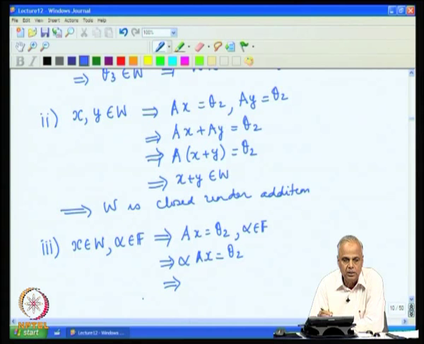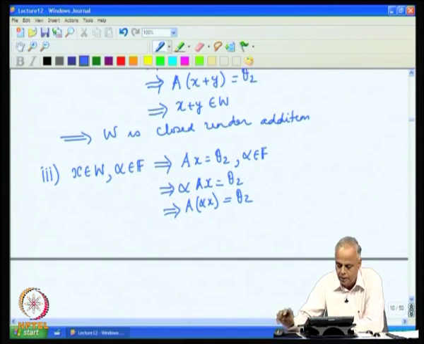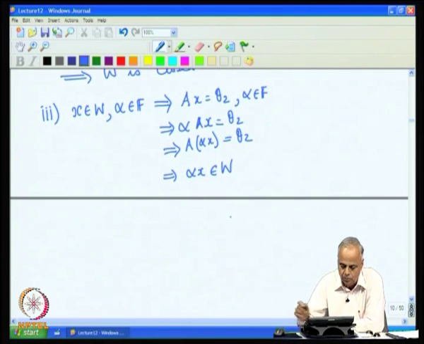Again in matrix multiplication, constants can be moved in and out of the multiplication. So, A times alpha x equal to theta 2, which says alpha x also gets annulled by A. So, alpha x also qualifies to be in W.